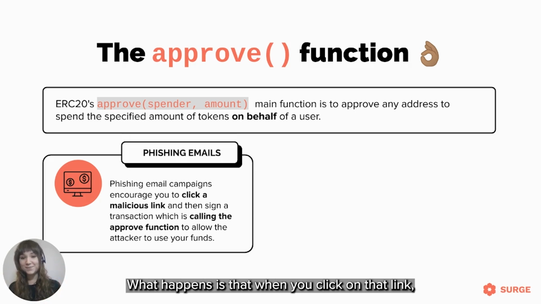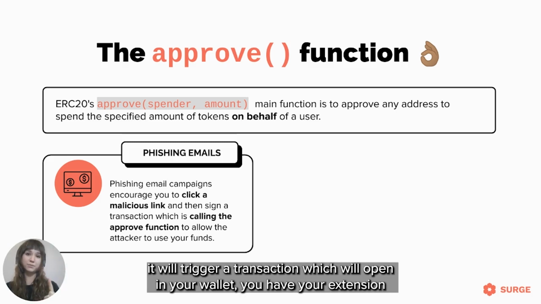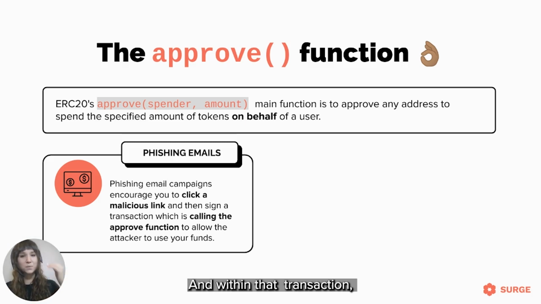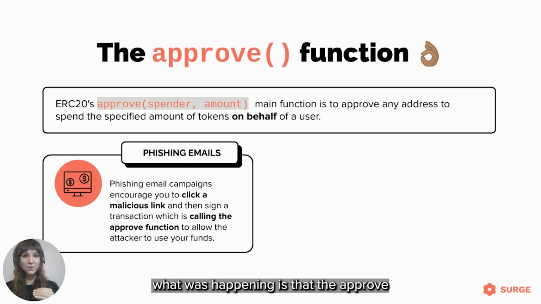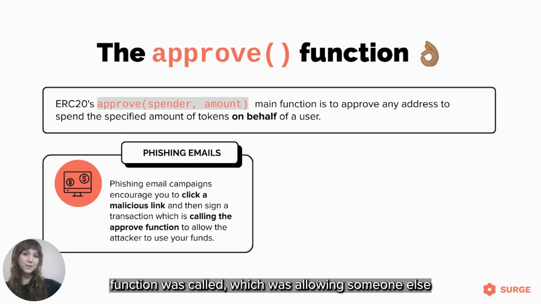What happens is that when you click on that link, it will trigger a transaction, which will open in your wallet, you have your extension, and within that transaction, what was happening is that the approve function was called, which was allowing someone else to withdraw the funds, the crypto, from your account.